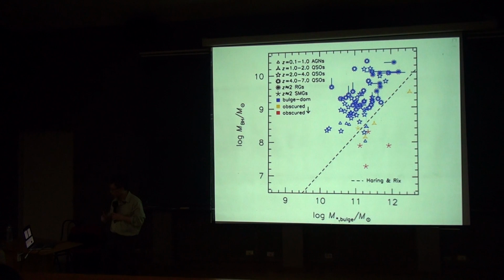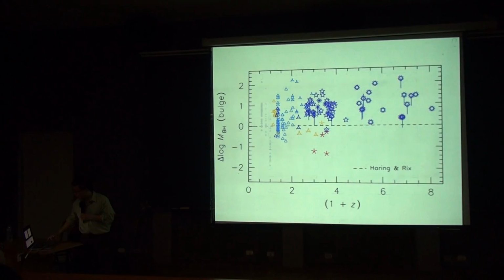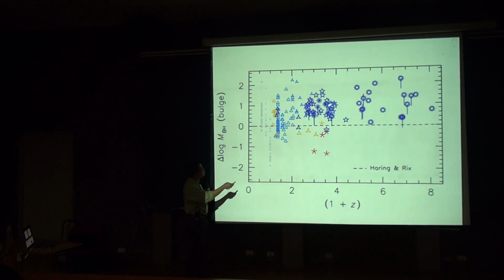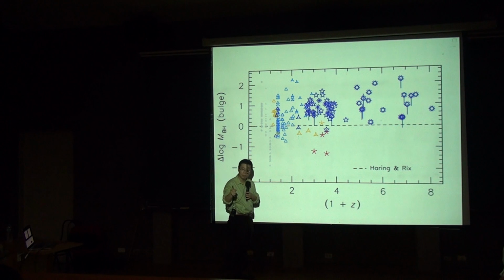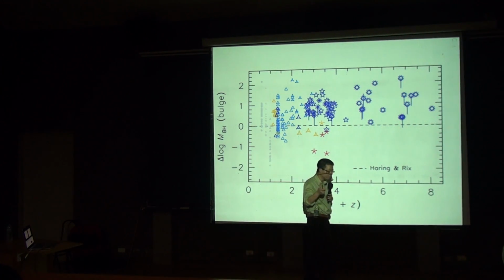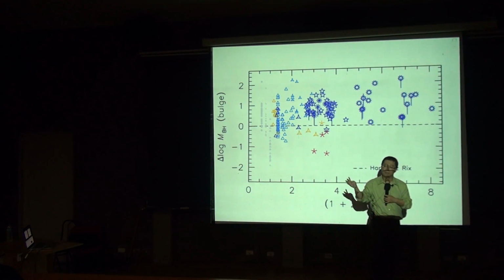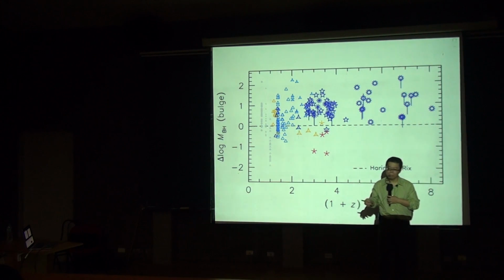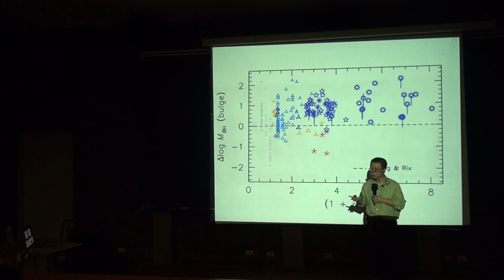Okay, this I can tell you, okay? And as I mentioned, it is true that these objects are way above the normal local normalization, by as much as a factor of 10, people have claimed. They're at the highest redshifts. These are already the most massive black holes. In fact, they're not going to grow much beyond that. Below redshift of 2, the black hole mass might increase by 30%, 50%, but it's not going to double.